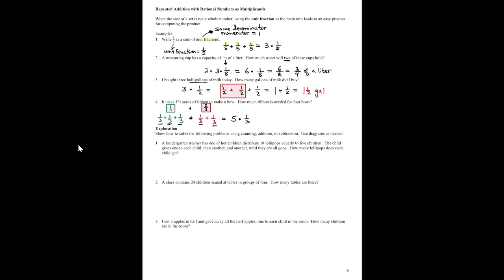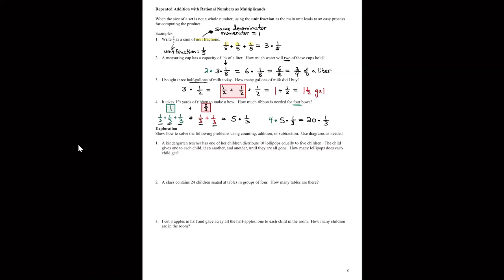So I want to have 4 bows. So what I would do is I would rewrite this as 4 multiplied by the 5 1/3, 5 times 1/3. So then this would become 20 times 1/3.